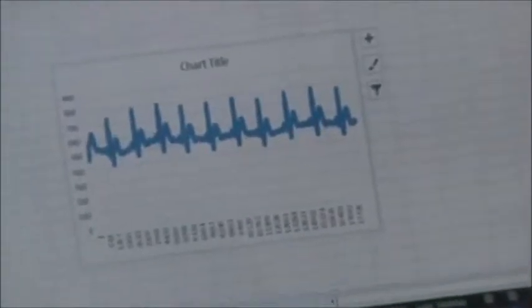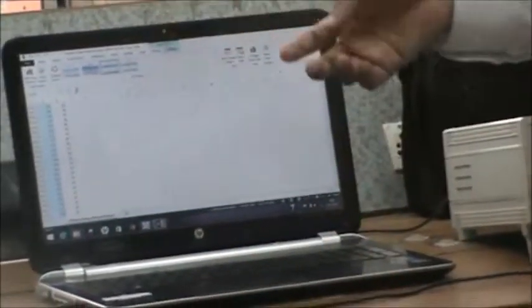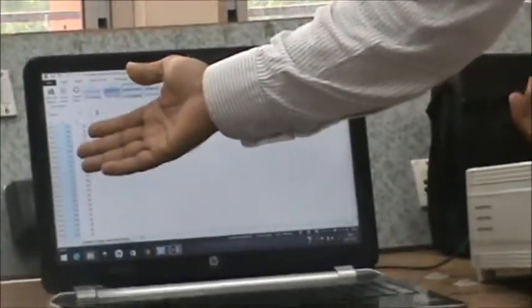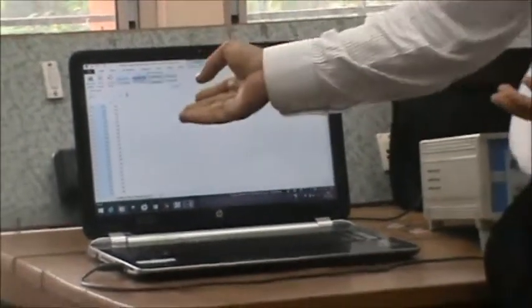So you have about 20,000 data points because I sampled it at 2 kilohertz for 10 seconds. Around 20,000 data points are available. So this we can directly import into MATLAB or Excel. Excel is what we are looking at.